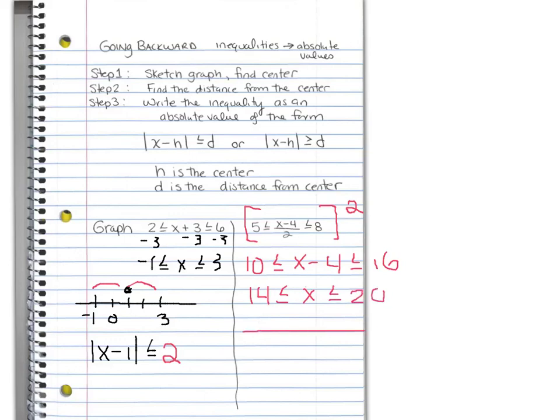If I think about what 14 to 20 looks like on the number line, they're 6 apart, and so the middle should be at 17. If this graph is centered on 17, then my absolute value equation will be the absolute value of x minus 17, and it's everything within 3 of 17, because I have to go 3 to the right and 3 to the left from that center.